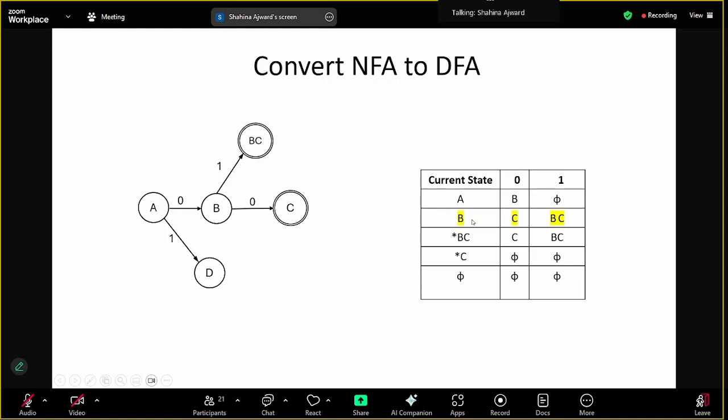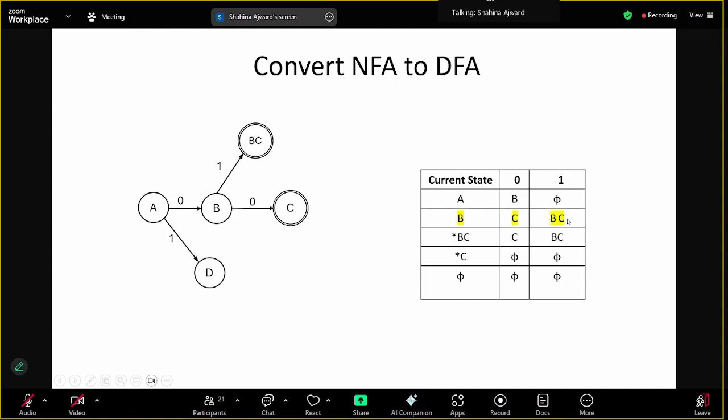For the state B, if the input symbol is 0, it moves to C. So we draw a new state C, where it goes from B to C. And when it receives the input symbol 1, it goes to another state called BC.